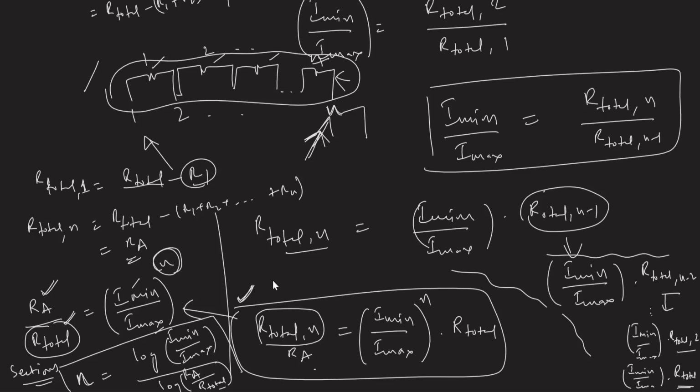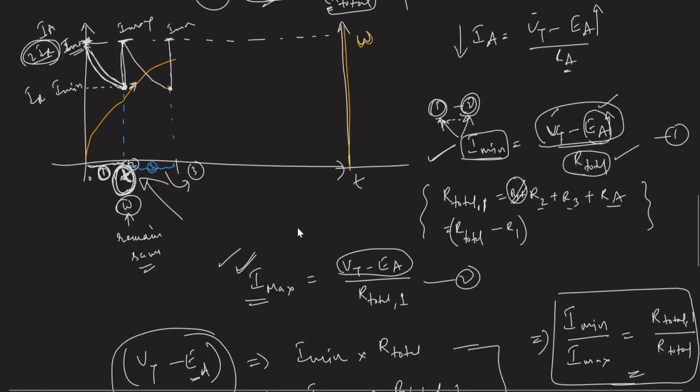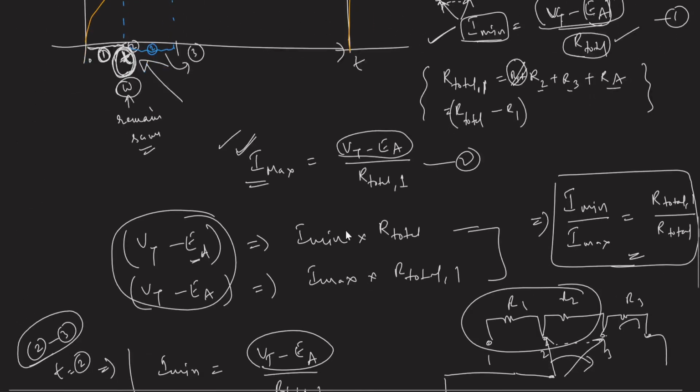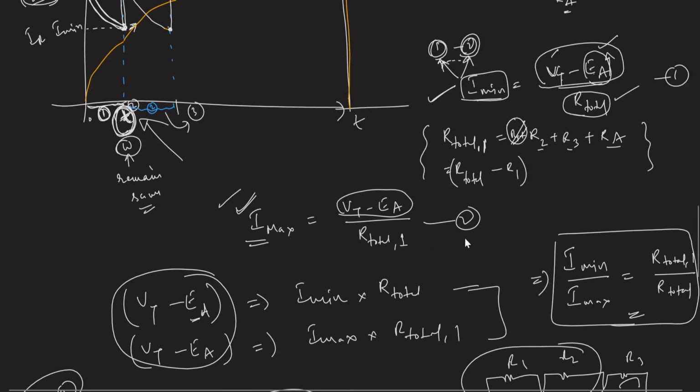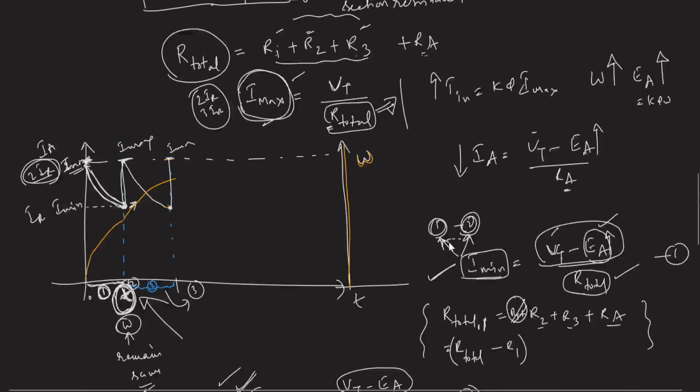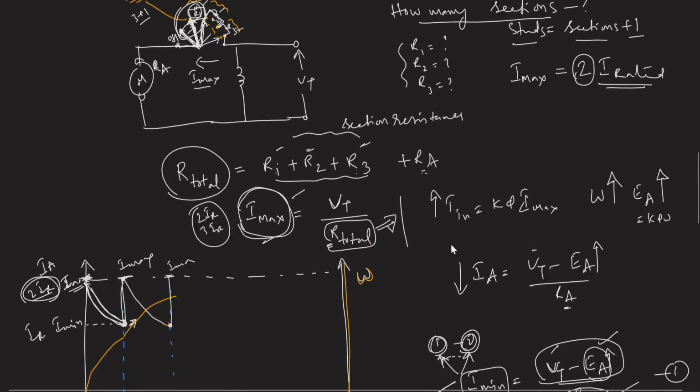So how do I calculate this total resistance? I can say R total is equal to Vt by I maximum.